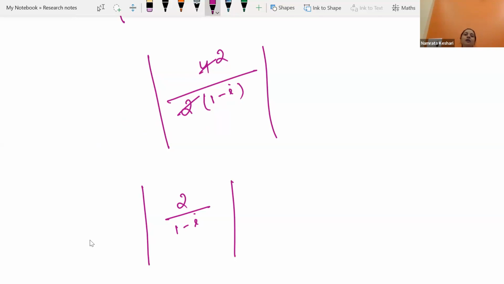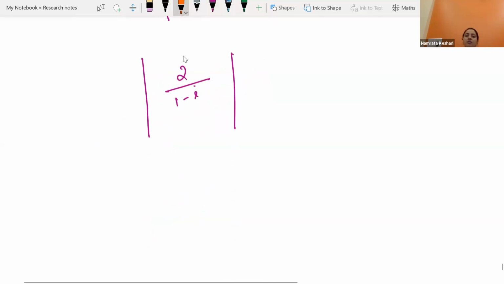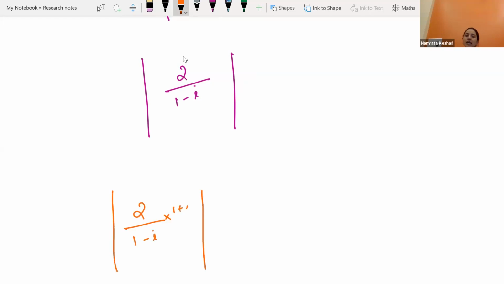Do we know that? Yes, we know that. The rationalization concept we have used so much, like in the previous class also we have done so much simplification, so many questions. So we can use that concept. 2 multiplied by 1 plus i over 1 plus i. Is it allowed over here?